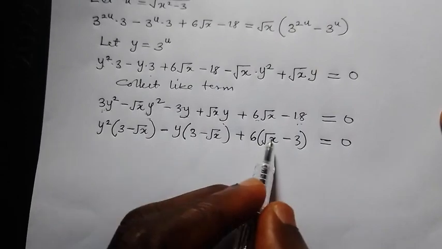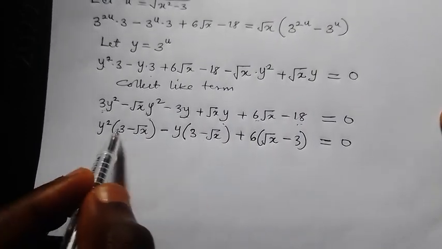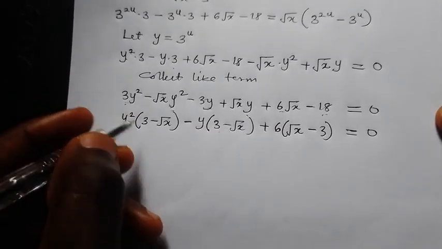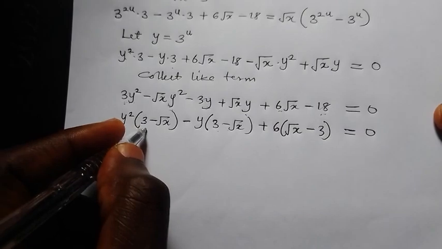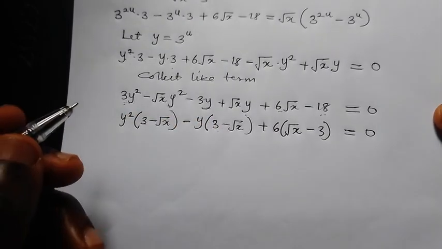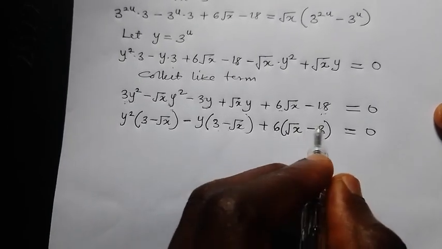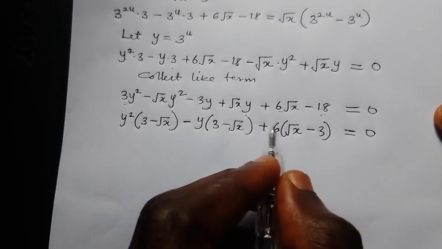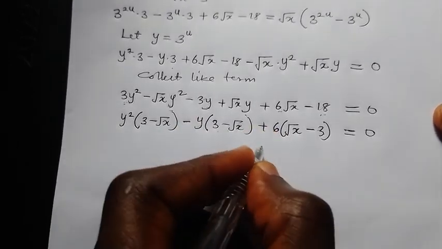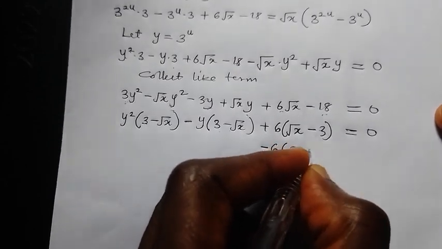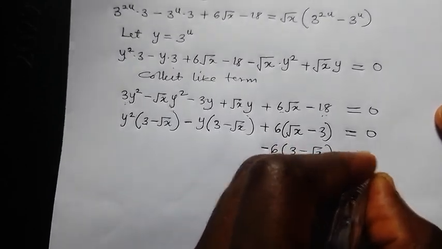Now observe that what we have here is like the negative of what we have in brackets here. So I can also now say let's factorize 3 minus root x out. This is the same thing as negative of 6 into bracket 3 minus root x, equals to 0.